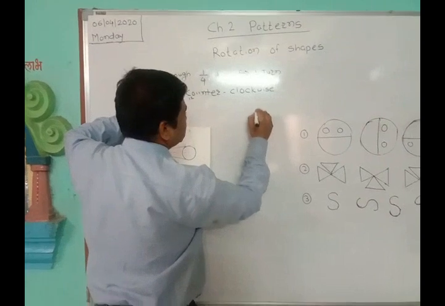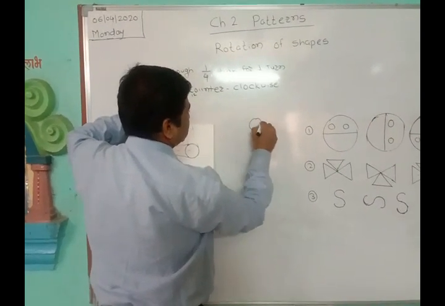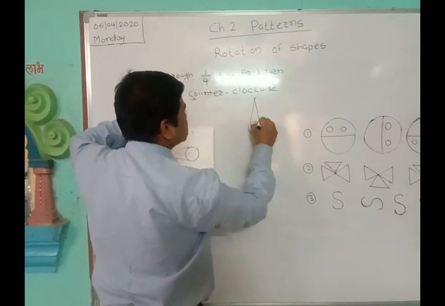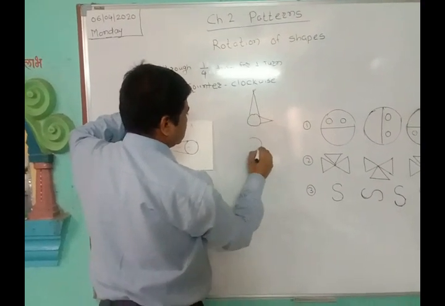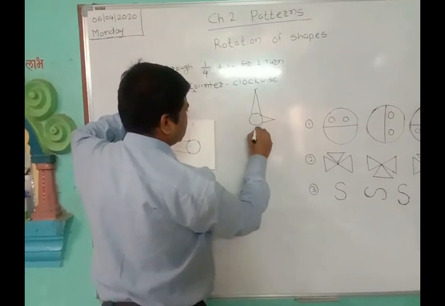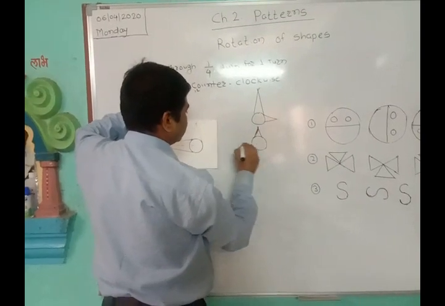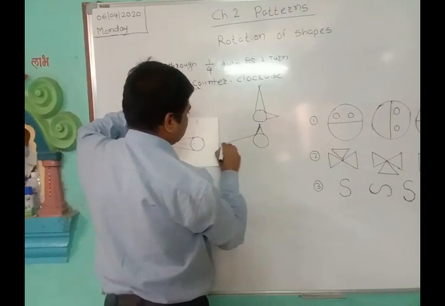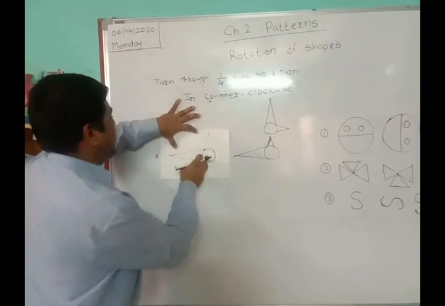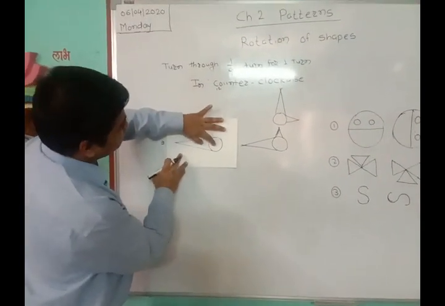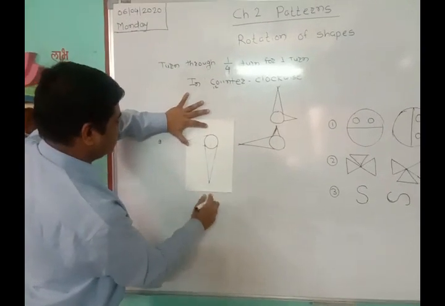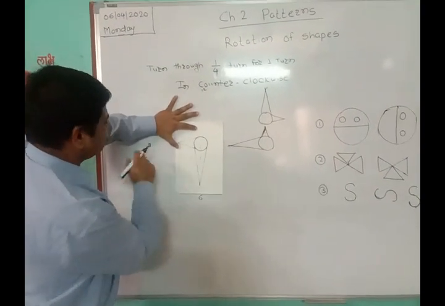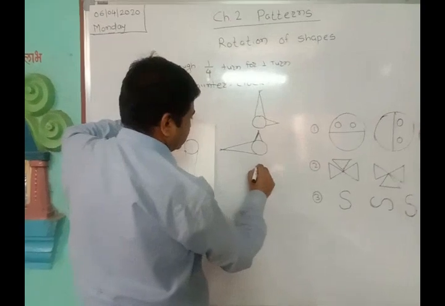So initially the figure was this, and now when I turn it through 90 degrees, the small point will be on 12 and the large point will be on 9. When again I turn it through one fourth of a turn in anti-clockwise direction, now your large point will be facing 6 and the small point will be facing 9.